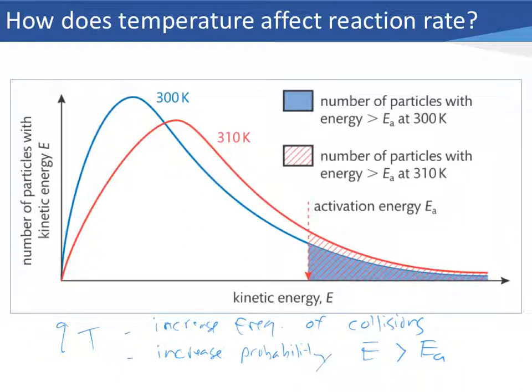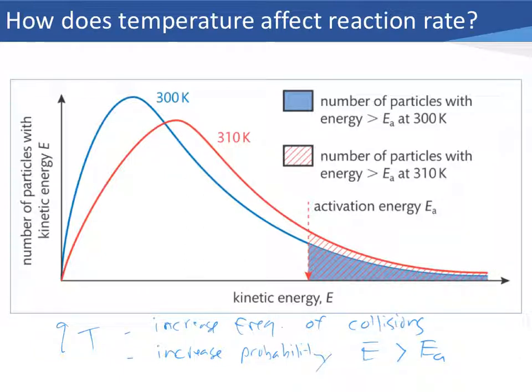So let's think of a scenario where 10% of the collisions have enough energy. If I increase the frequency of the collisions, even if it's still only 10% of the collisions that are successful, if I have more collisions overall per unit time, I'm still going to have a faster rate.